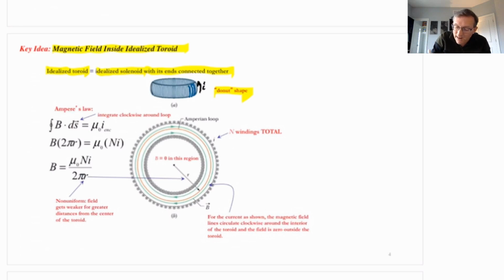And in each one of those outer windings, the current is going away from us, which means downward, the current I, all the way around. And each one of those windings on the interior circumference, the current's coming up towards us.